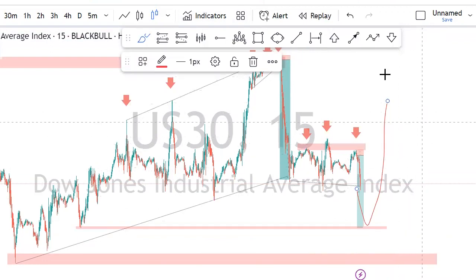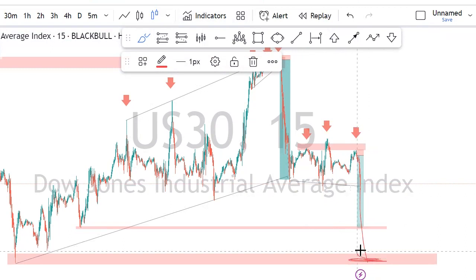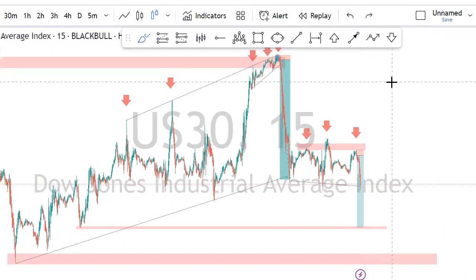So you always have to be ready, at least secure some profits once the price gets to this point. And then if the price does break the zone, that means more profit, which is very good for us. And then you secure your final profits right there. So that is the setup that I am currently looking at.